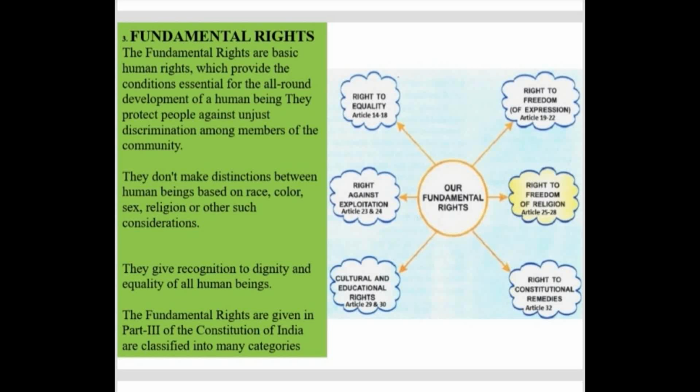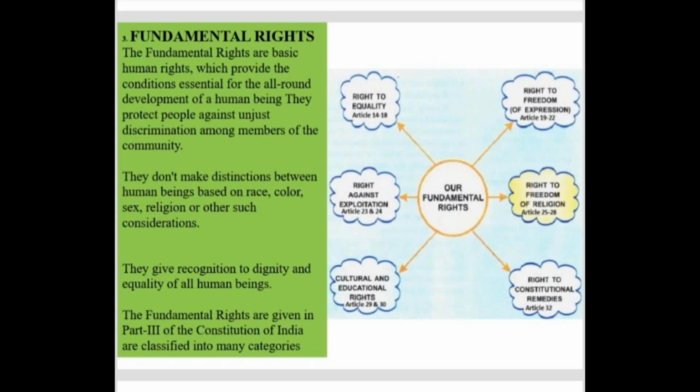And these fundamental rights also give them dignity and equality. The dignity of being a human being is given to a person in this country in the form of fundamental rights. And equality is another important factor given to everybody in this country. Such important fundamental rights are included in Part 3 of the Constitution of India.